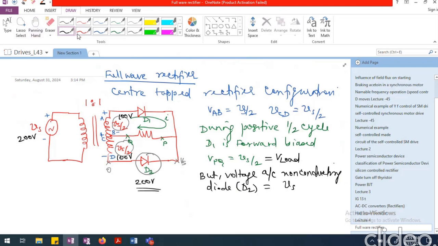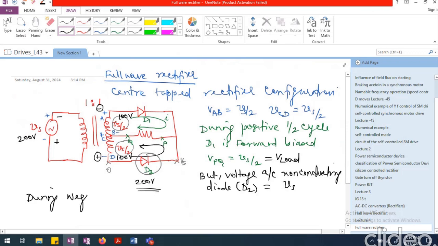The same thing holds good for the reverse half cycle. Let us say in the reverse half cycle, I'm going to have plus here and minus here, due to which again I'm going to have plus here and minus here. Because this is plus, current will flow in this direction and D2 will conduct. So during the negative half cycle, D2 conducts.